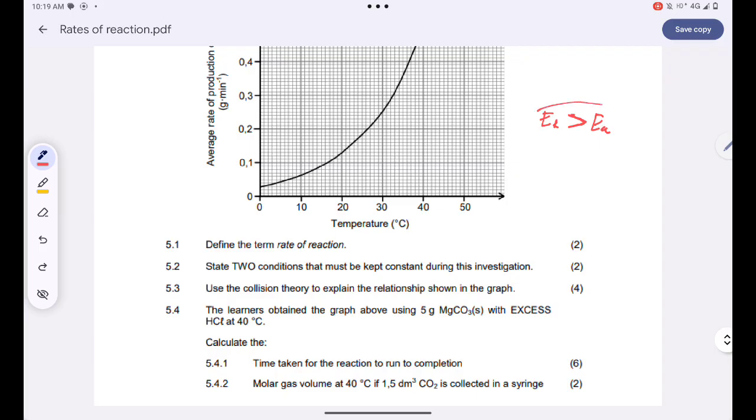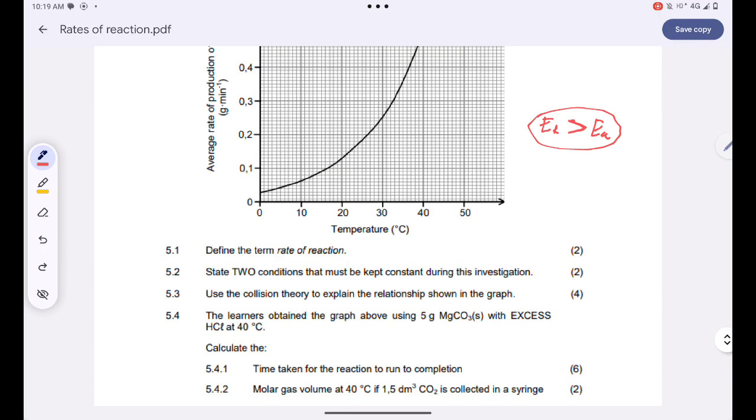If this is the case, we'll end up having more effective collisions, and hence the reaction rate will increase. An increase in temperature increases the average kinetic energy of particles, which means the average kinetic energy will be greater than the activation energy of the reaction, and hence more effective collisions take place, and that's why our rate of reaction keeps on increasing whenever temperature increases.